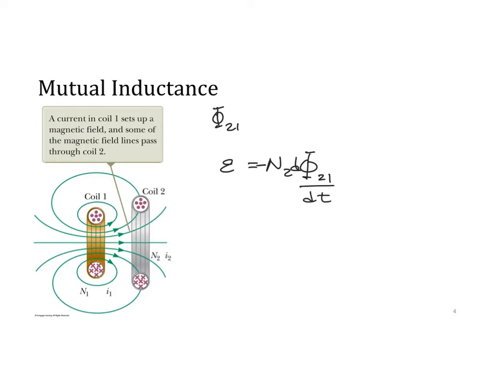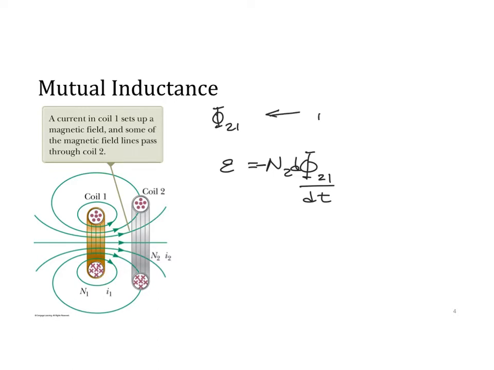Now, we're going to throw a negative sign on there because of Lenz's law, and that's just Faraday's law that we've already known. So if the two coils are fixed in space, that flux is proportional to the current I1 in coil 1.